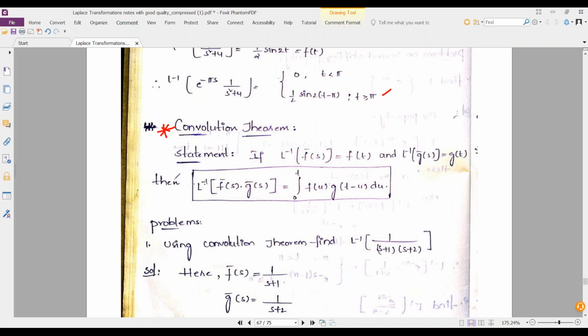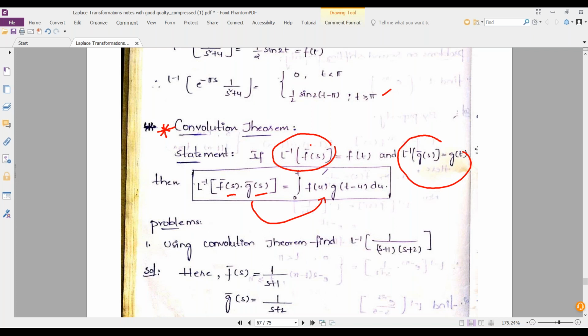Convolution theorem statement: if inverse Laplace transform of f of s is f of t, and inverse Laplace transform of g of s is g of t. Till now we handled inverse Laplace transform of one function at a time. If a product of two is there, then by using only the convolution theorem can we separate them, otherwise it's not possible.